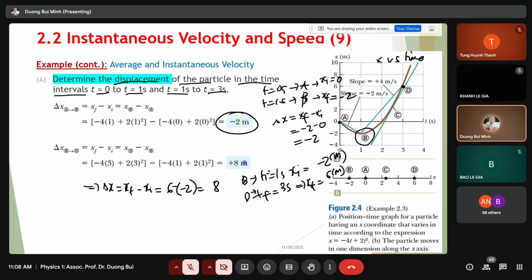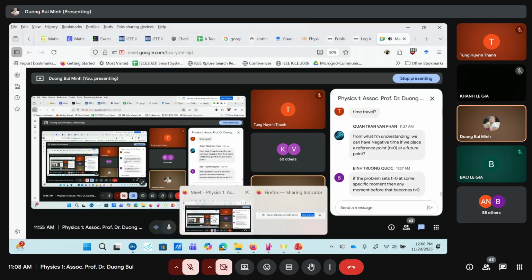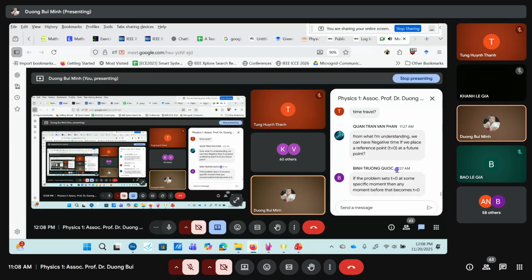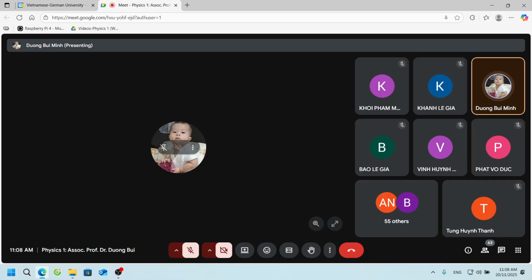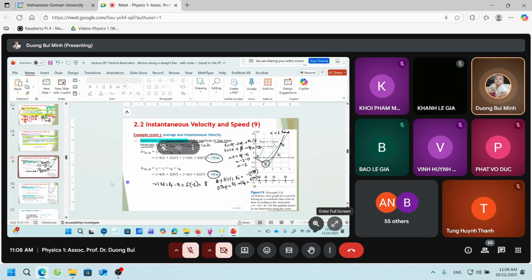So you get 8 meters. Very easy. Any questions so far? No questions? So continue.